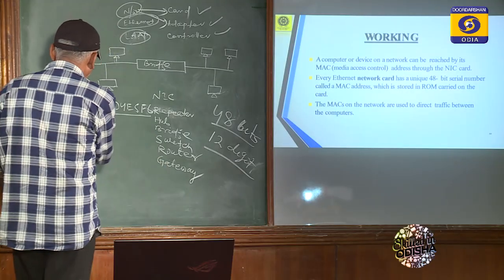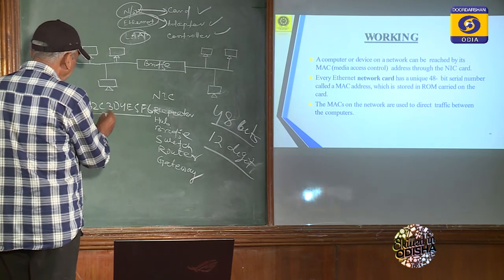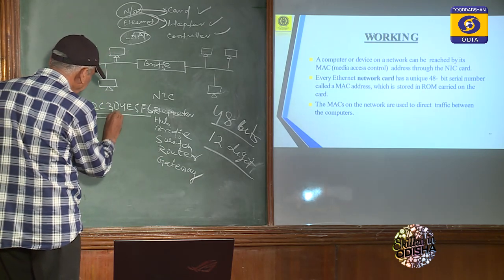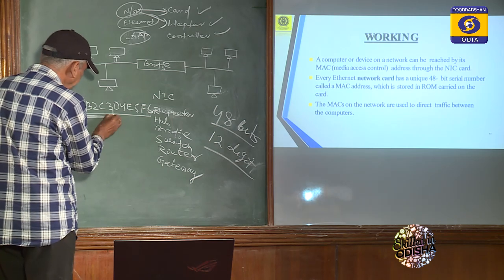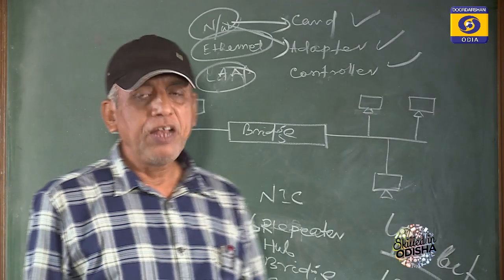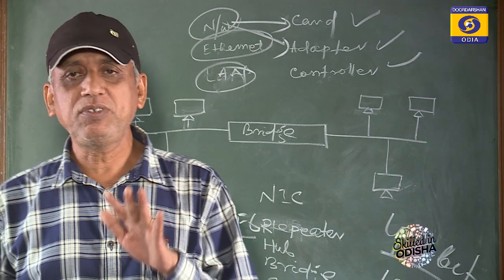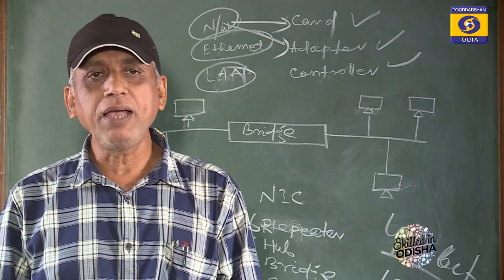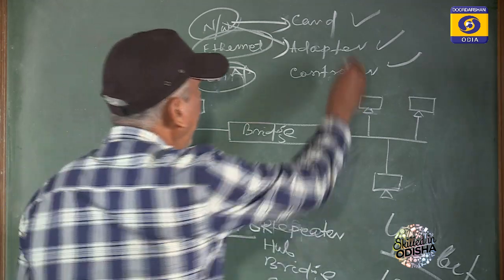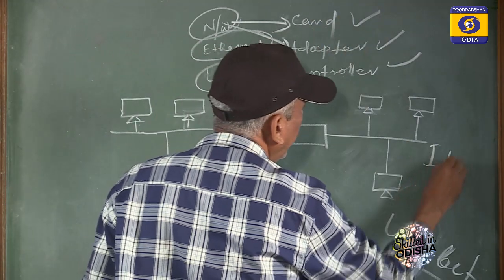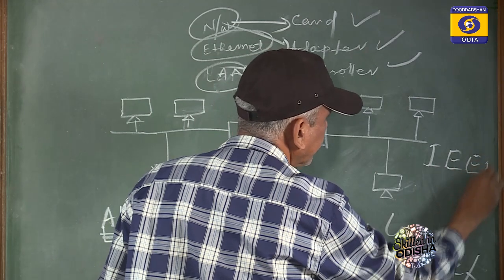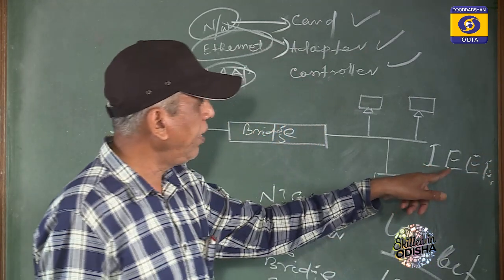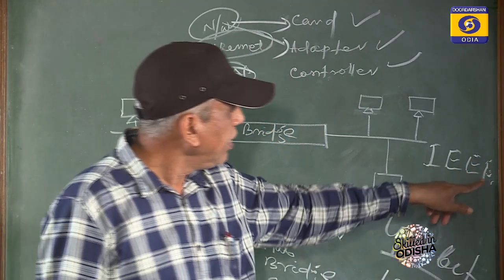The first 6 digits, A1, B2 and so on up to 6, indicate the manufacturer's ID. The first 6 digits are assigned by the IEEE, the Institute of Electrical and Electronics Engineers.